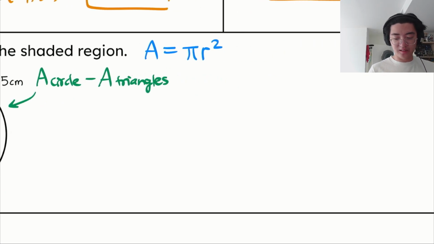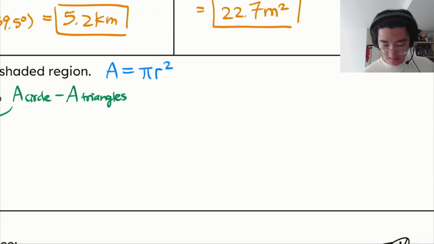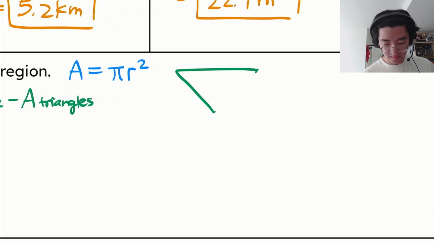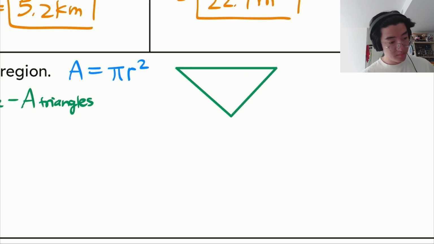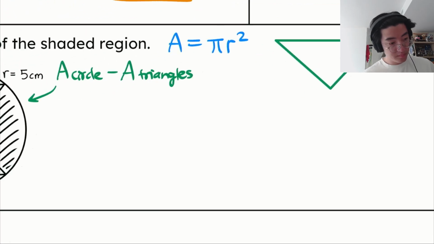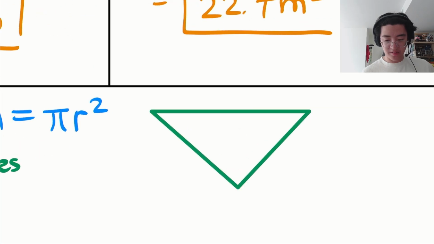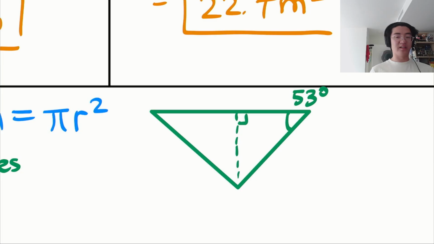So now with the triangles, we can kind of split it up. Wait, let's get one of the triangles. Okay, so we have a line down the middle. And this is 53 degrees.